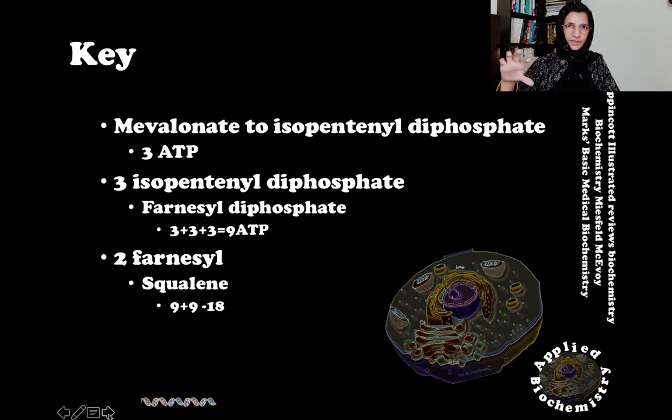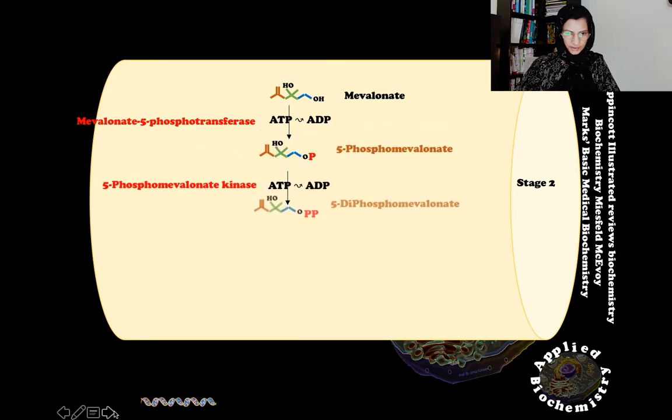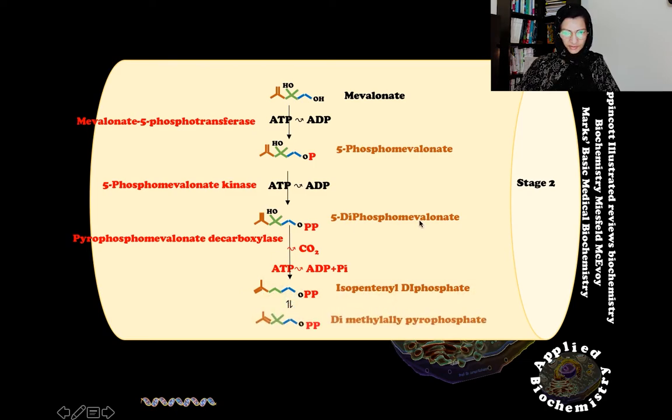Next, 2 farnesyl diphosphates combine to form squalene, so it is 9 plus 9, and the total ATP cost is 18 ATP. As you can see, mevalonate to 5-phosphomevalonate takes 1 ATP, then 5-diphosphomevalonate again 1 ATP, and finally the third molecule of ATP during the decarboxylation to isopentenyl diphosphate.